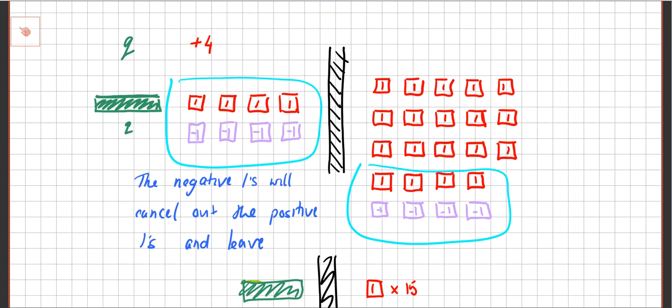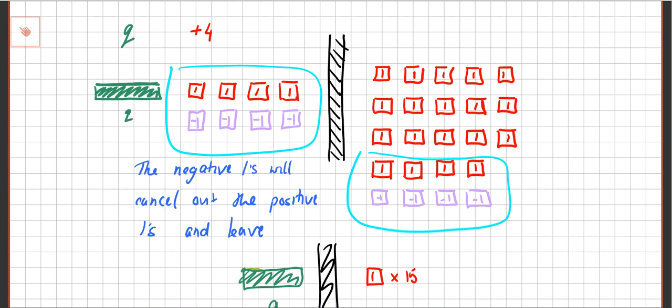You've got to put on the negative 4 that gets rid of the positive 4. You do it on the other side, and these ones cancel each other out. Those ones cancel each other out. So you're left with just q is equal to 15, because there's 15 there now, all right? So if you want to use the algebra tiles, that's what you can do, all right?